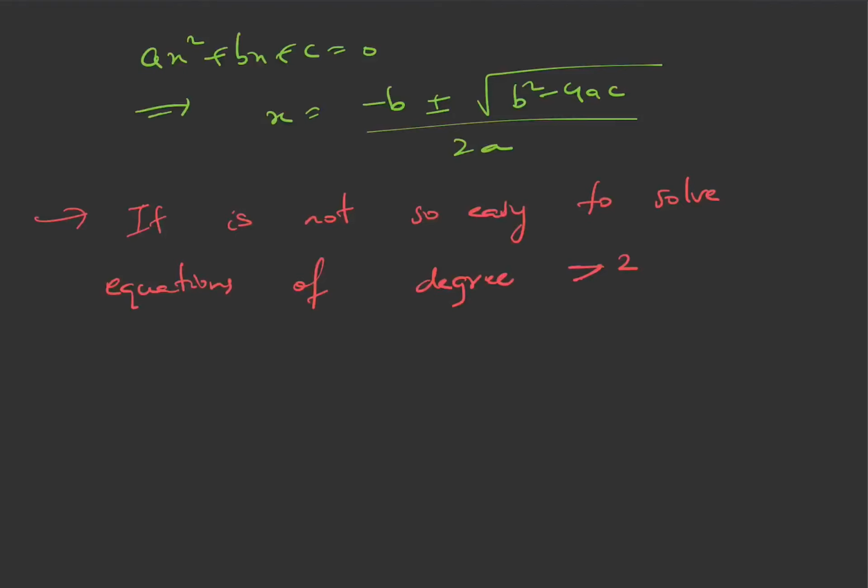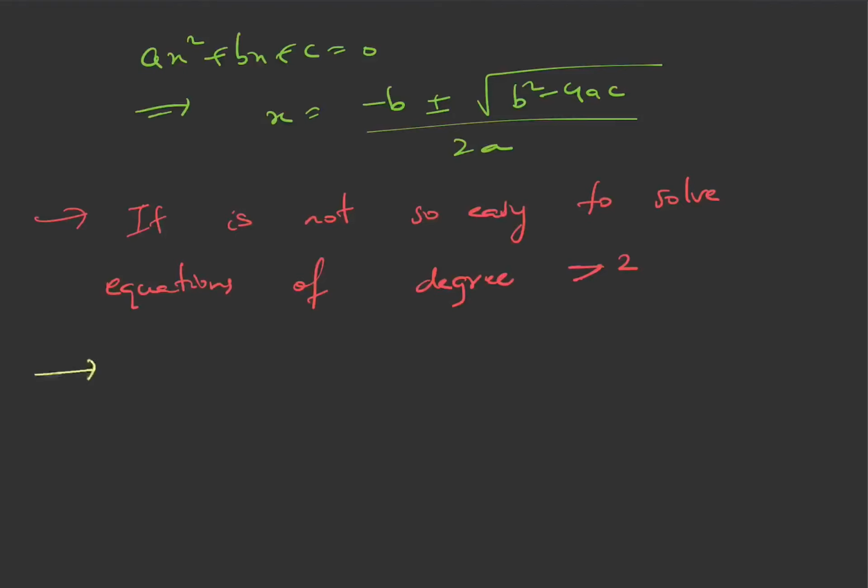If there are equations of degree greater than 4, then we cannot solve them, no matter how much time we are given. But you can solve cubic and biquadratic equations, and we are just going to see how to solve them using some tricks, hit and trial method, or some observations, right?